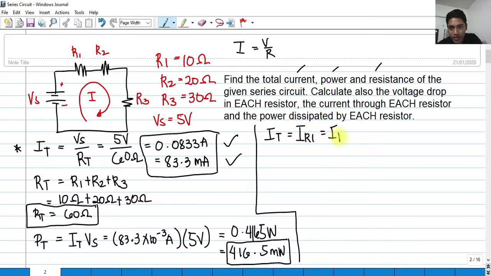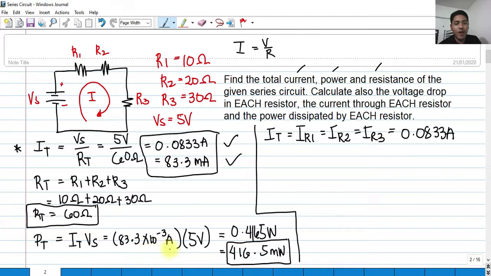So we have three resistors, so we have IR1, IR2 equals IR3, and they are all equal. Why? Because they are connected in series. So the current through each resistor R1, R2, R3 is simply equal to 0.0833 amperes or 83.3 milliamperes or 83.3 times 10 raised to negative 3 amperes.